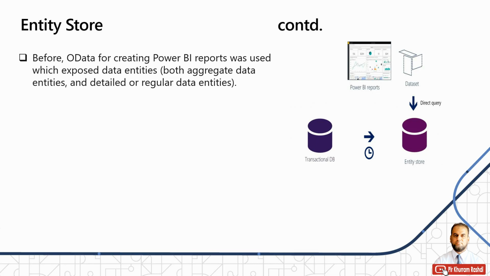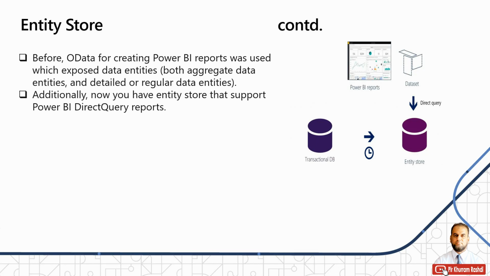So OData was used for exposing those data entities. But there is a best practice that you cannot use OData for very high volume. Microsoft recommends, I think, a limit of 1000 records per hour or something like that. So OData cannot be used for very high volumes of data.